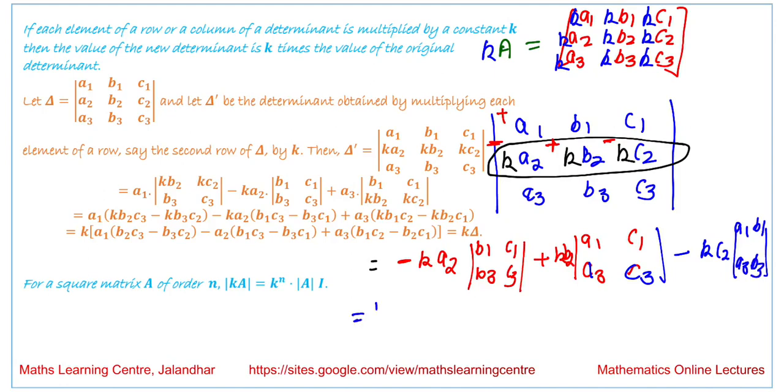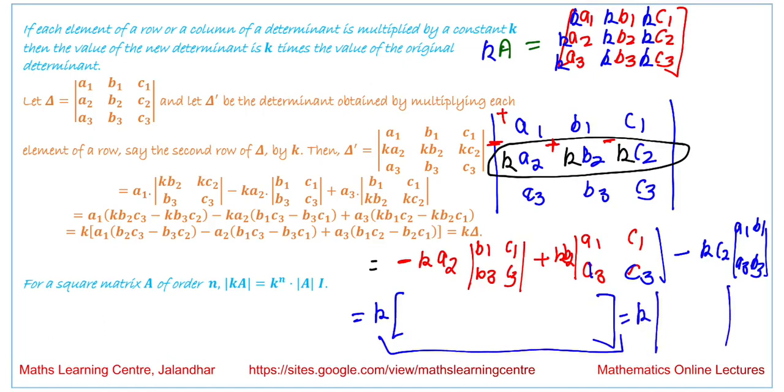Now if we take K common from these three terms, the remaining value will be the determinant of A1 B1 C1, A2 B2 C2, A3 B3 C3.